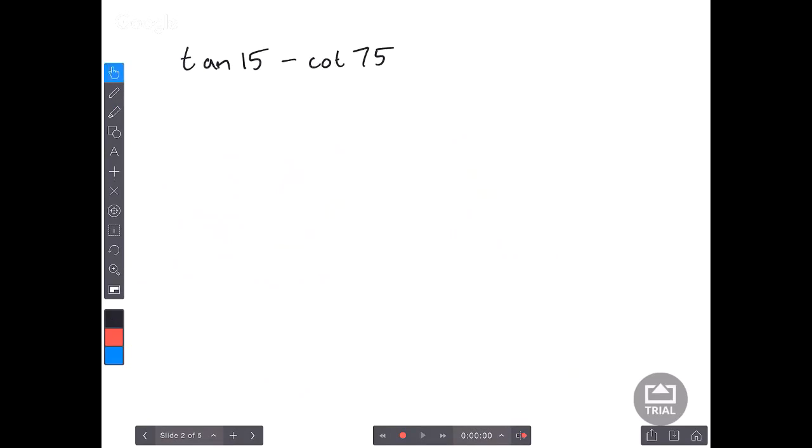This is problem 6. And we want to deal with this without a calculator. So we don't want to plug in tan 15 or cotangent of 75, but we do want to say, what does this look like? Hey, Richard, this is a good test question. Pay attention.